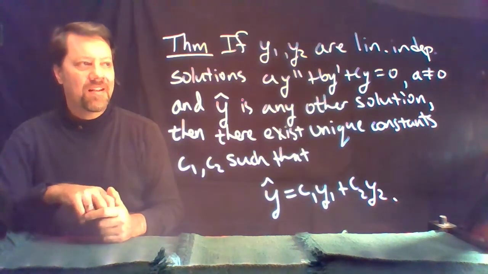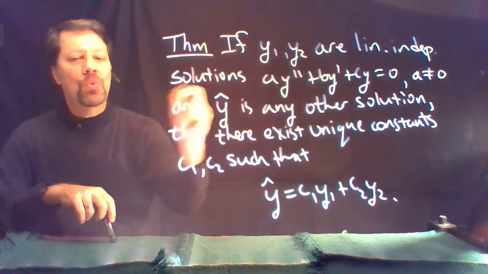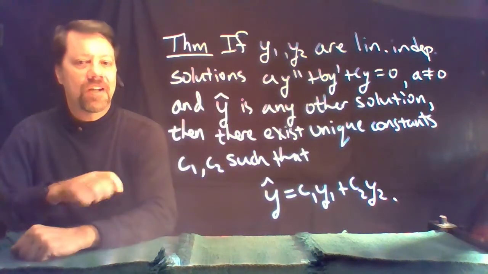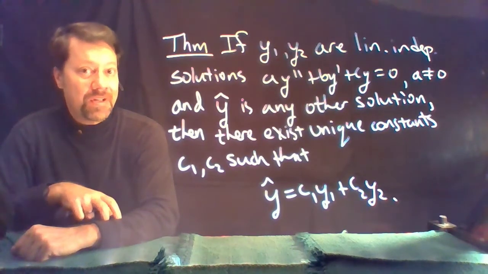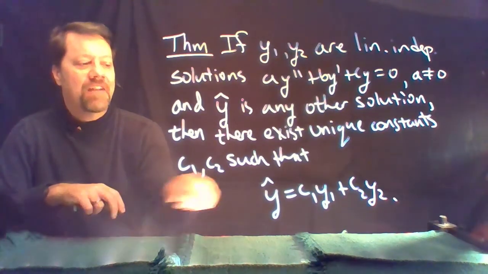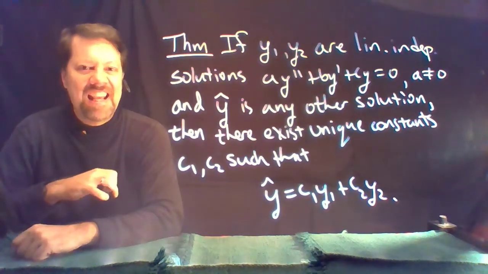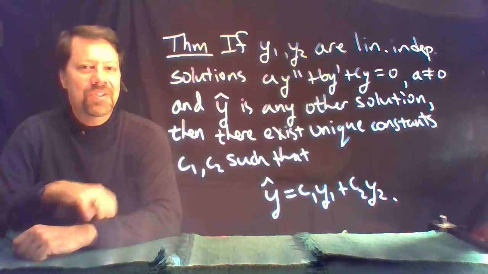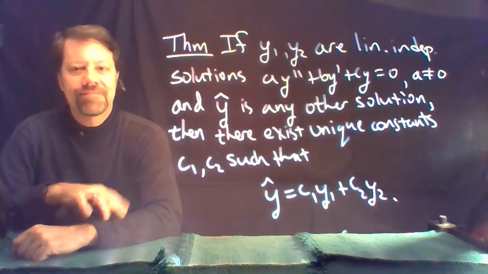This tells us that if we have two linearly independent solutions to a second-order linear constant coefficient homogeneous ordinary differential equation, then in fact we can construct any other solution. We've got them all. Two solutions is what it takes for a second-order equation.